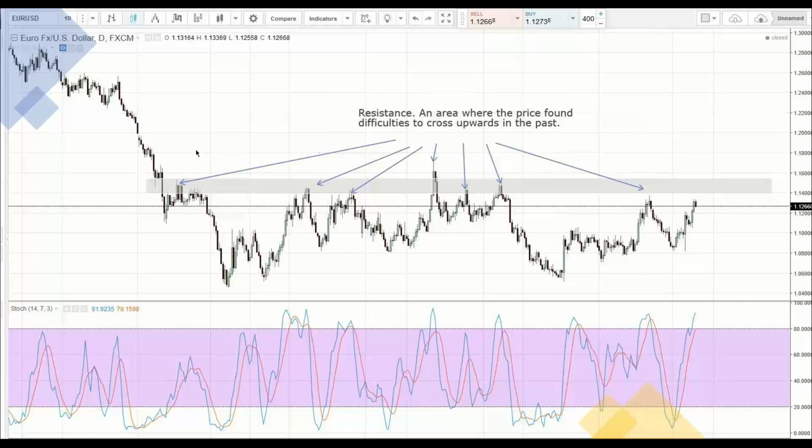So here we're looking at a historical chart, and you can see where each time price mounted this level, and this is April, May, June, we're talking about a long term chart, each time it got to this level, now it can easily break through, but it had a problem at this level.